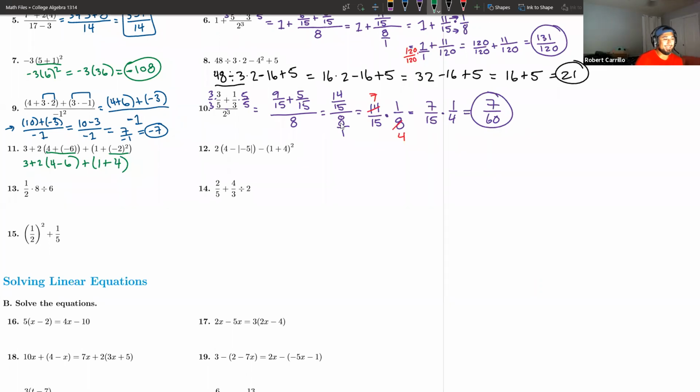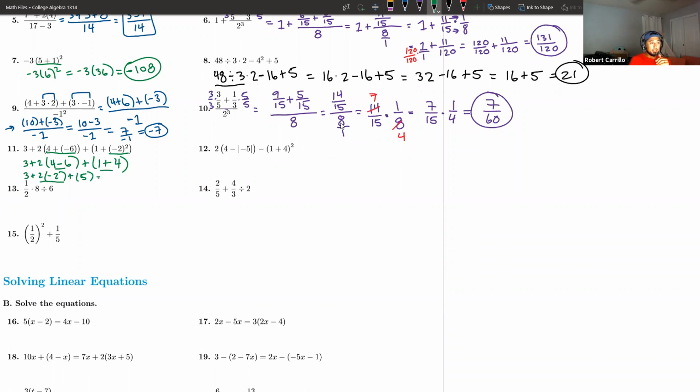Okay. All right. And then we'll handle the parentheses again. So 3 plus 2, 4 minus 6 is negative 2. 1 plus 4 is 5. And all we have now is this multiplication.